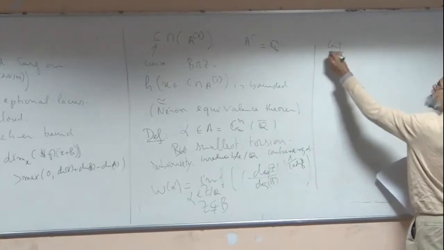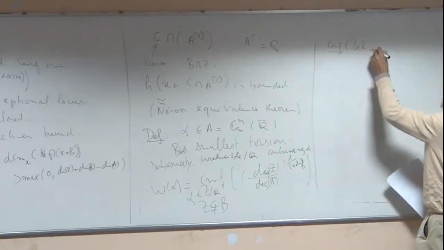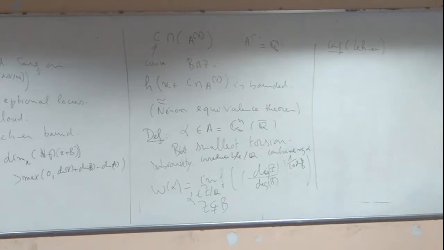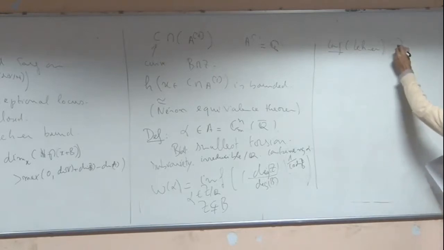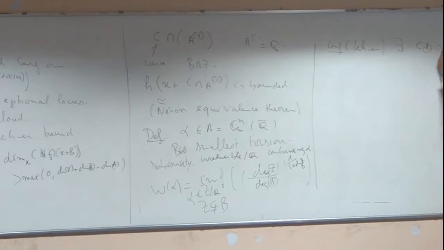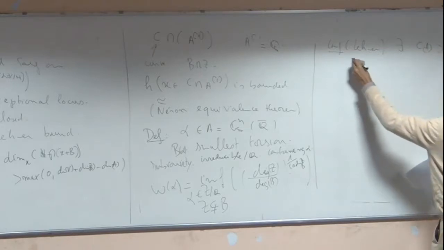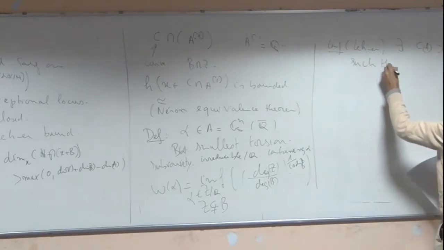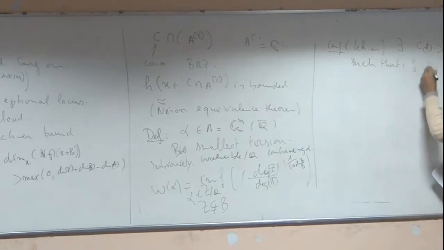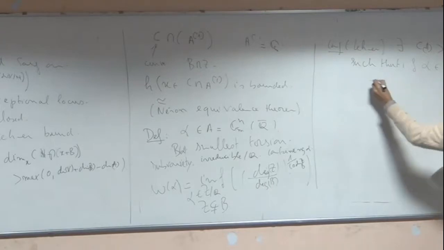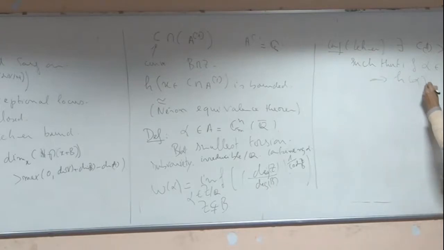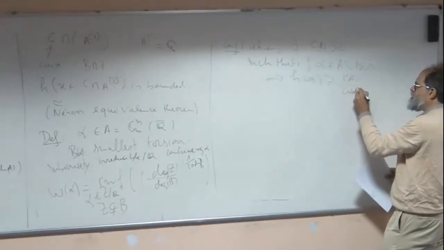And then the lemma conjecture, this is a variant of the lemma conjecture, would be that there exists a positive constant T of A, depending only on A, such that if alpha is in A minus the torsion set, then the height of alpha is bigger than T of A by omega of alpha.